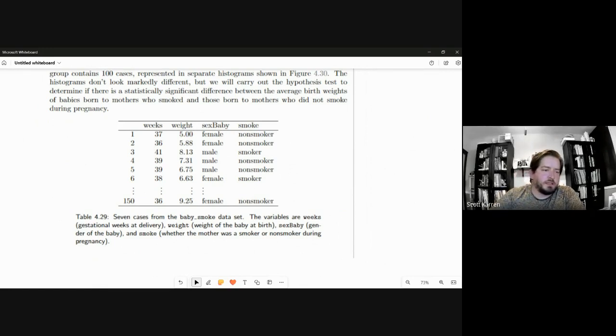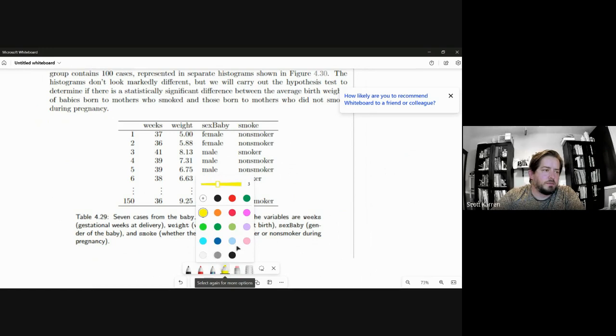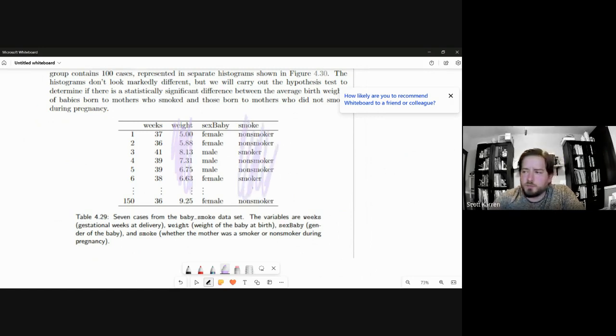And again, like it said, the only thing that we're really interested in is the weight and whether or not the mother was a smoker during the pregnancy. That's it. That's all we care about. Obviously, there's 150 data entries, observations. They didn't list them all here. They're going to do the work for you.